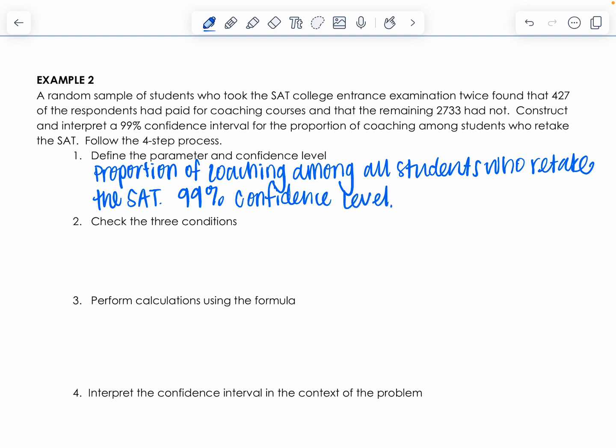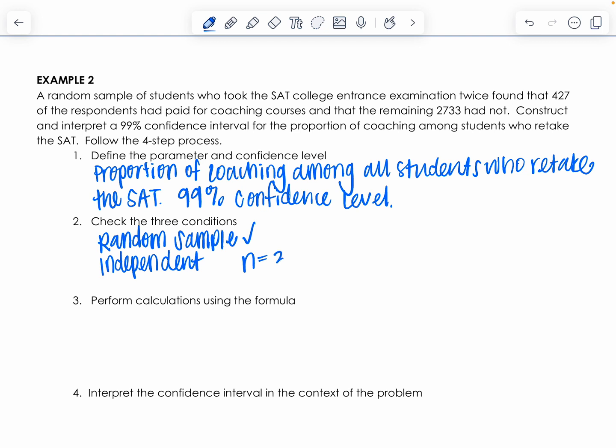Okay. Our 3 conditions. So we took a random sample. They didn't really give us a simple random sample or anything like that, so we can just check that. Independent. Well, our sample size n was equal to 427 plus 2,733 because those were the two groups in our sample that they separated out.